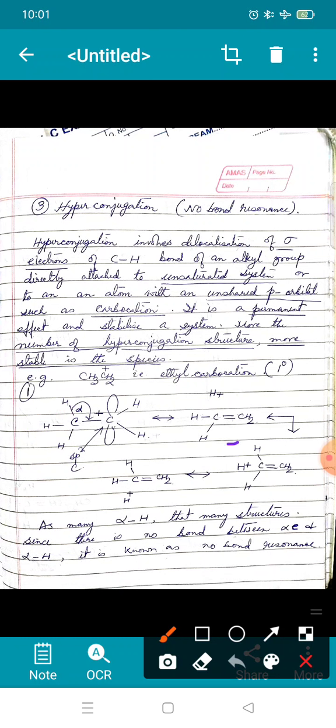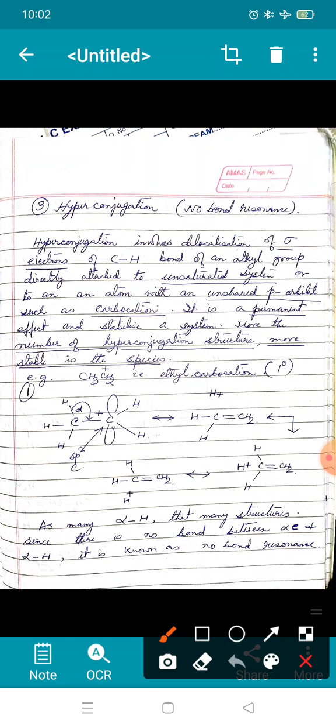I hope the first structure is clear. Now you see, we have shown the positive charge on this hydrogen, and this double bond remains the same. The third structure has this hydrogen with a positive charge, and the double bond remains the same. So you can see we got 1, 2 and 3 structures, because there were 3 alpha hydrogens.